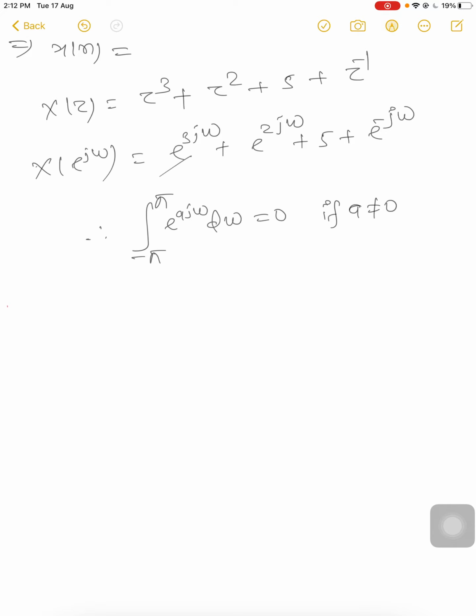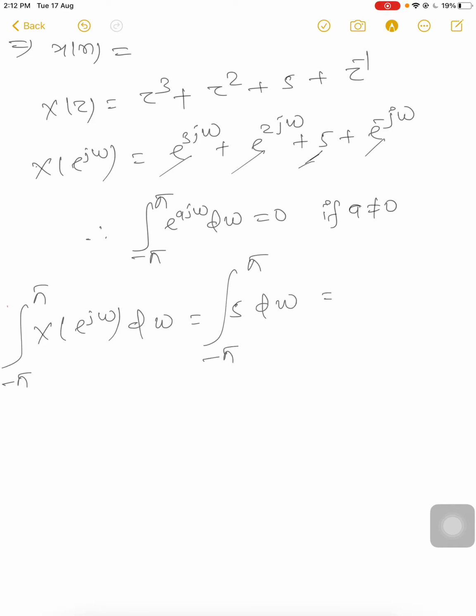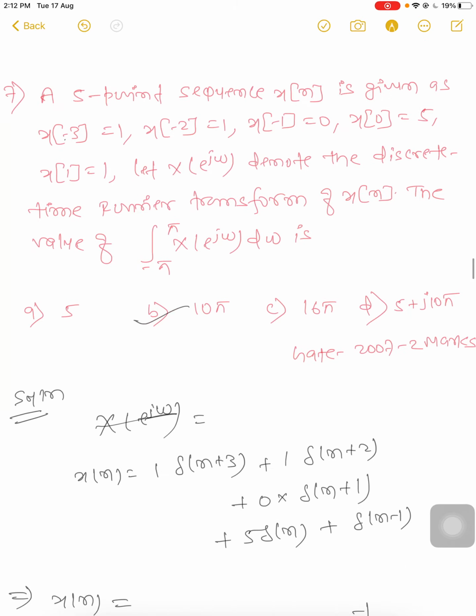The integration of those terms becomes 0 and we get only 5. Then the integration from −π to π of X(e^jω) dω will be 5 times the integral of dω from −π to π, which gives 10π. So 10π will be the right answer. Option B will be the right answer.